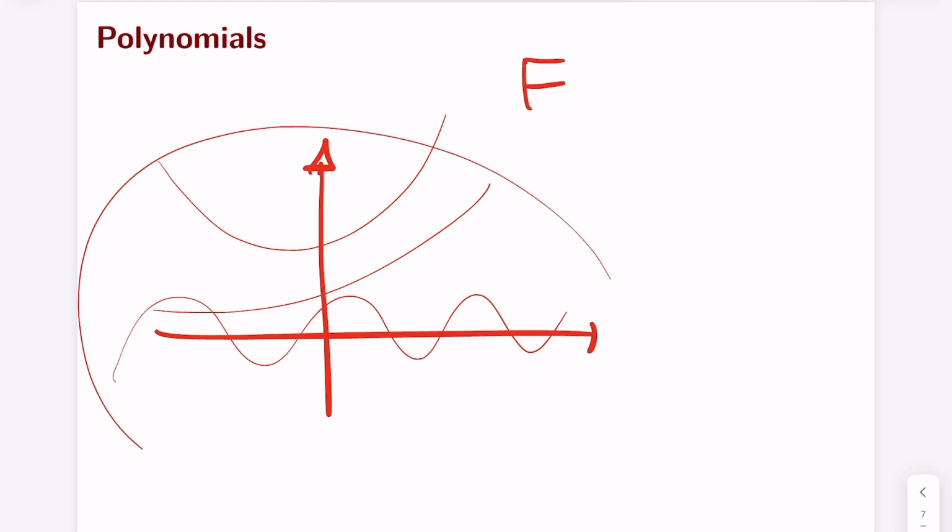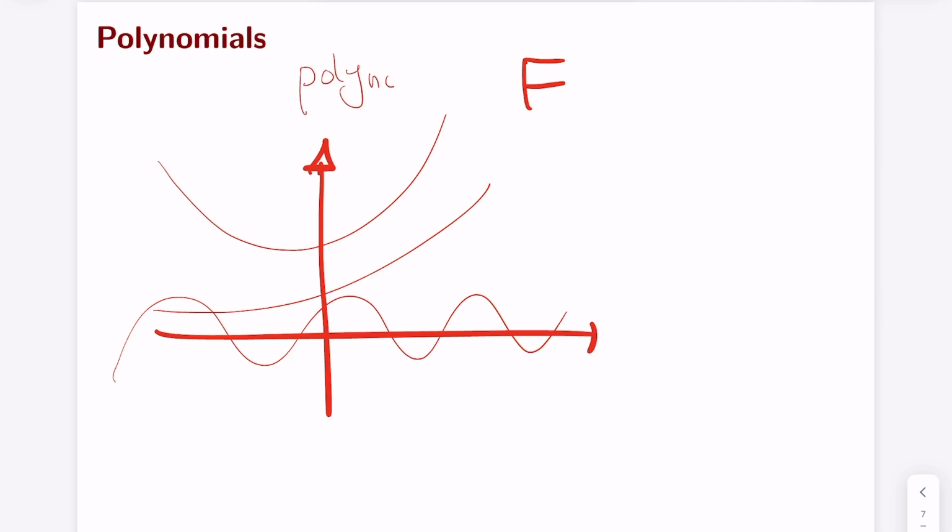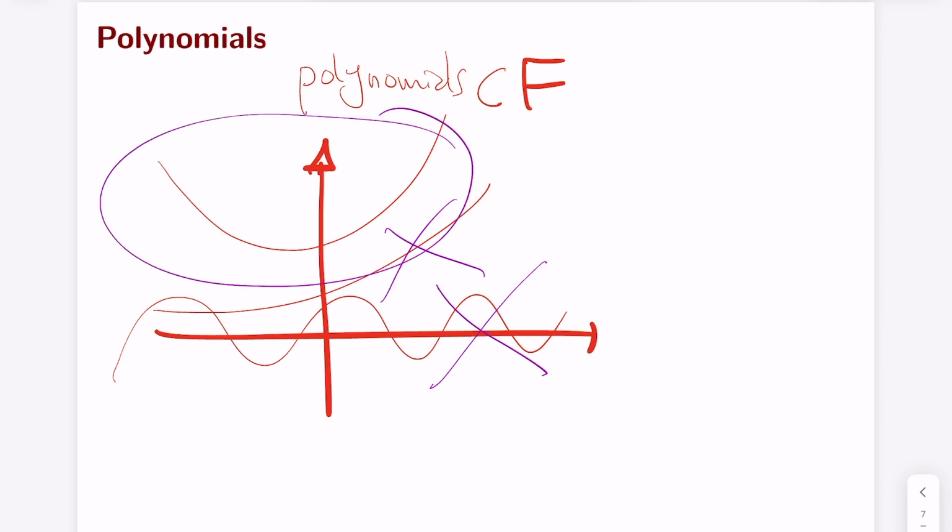But of all the possible functions, if we consider only the polynomials, the polynomials are going to be contained in the set of functions, right? I mean, we are not going to consider the sine or cosine or the exponential. These are not polynomials, but for instance, the parabola is a polynomial. So the polynomials are a subset of them.